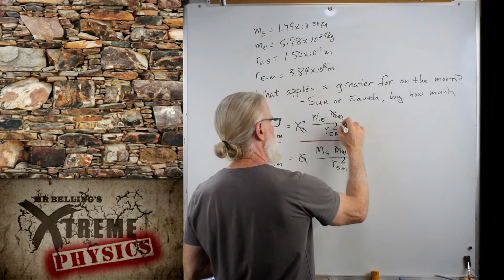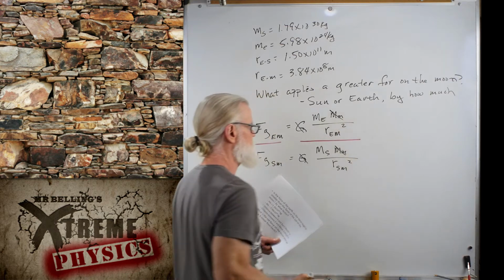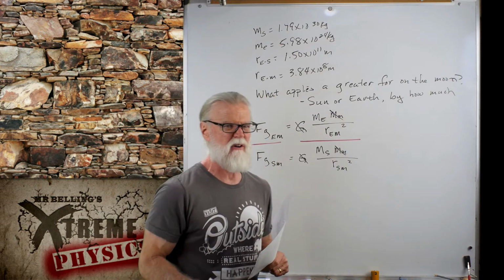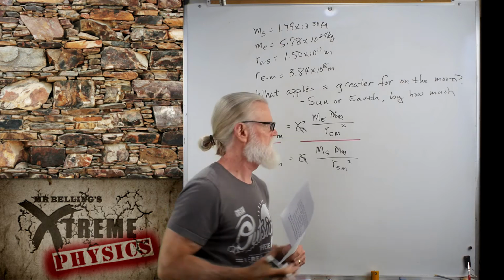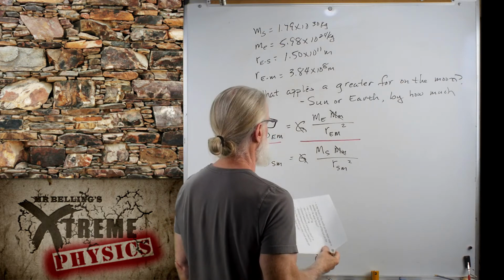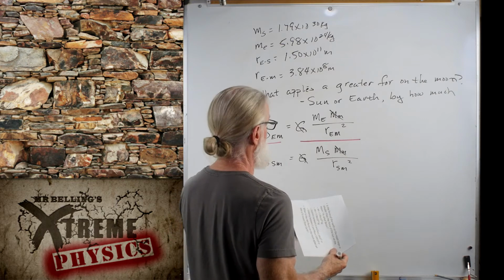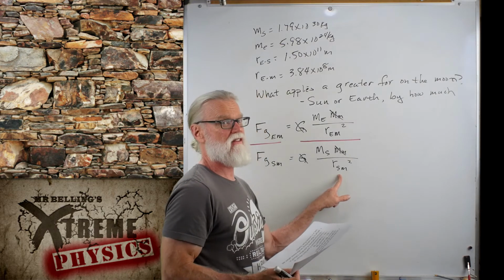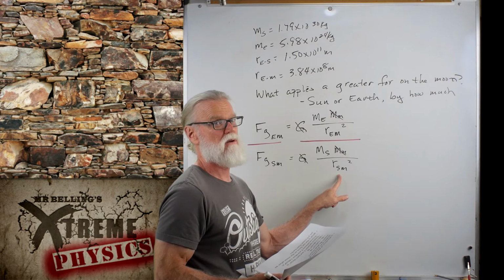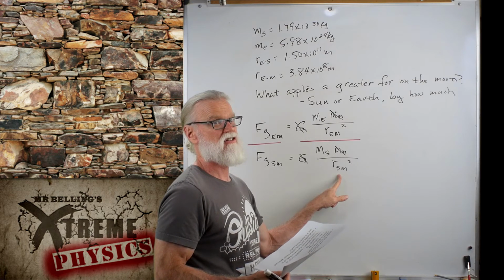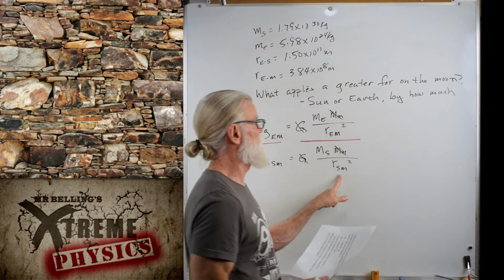Forgot to square those. That'd be squared. It's an inverse square relationship. We just talked about that. So anyway, wait a second. I don't have the distance between the sun and the moon. Huh. I should have drawn a picture. Let me draw a picture.